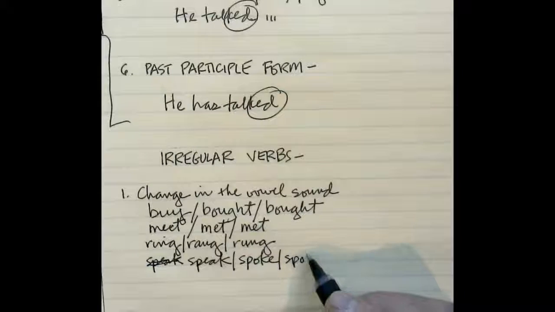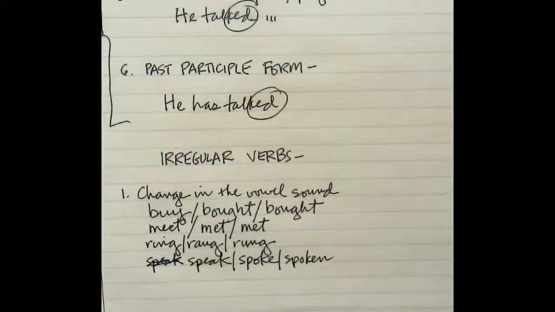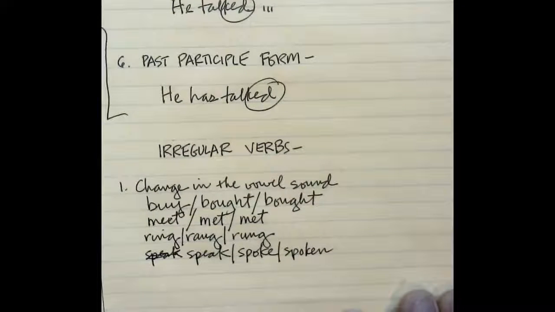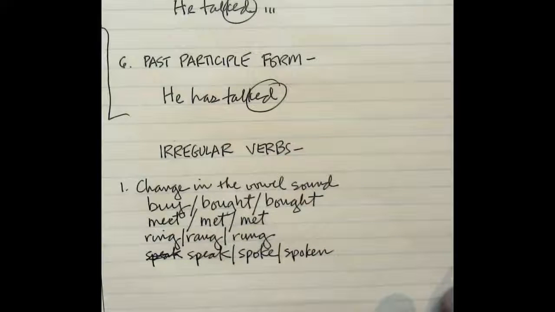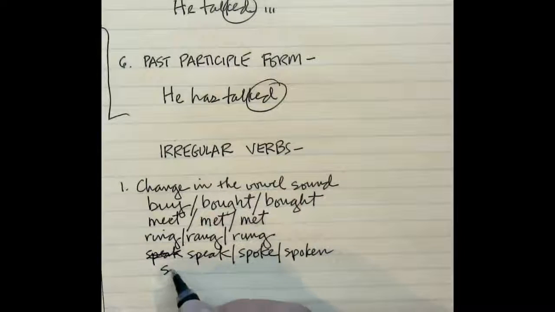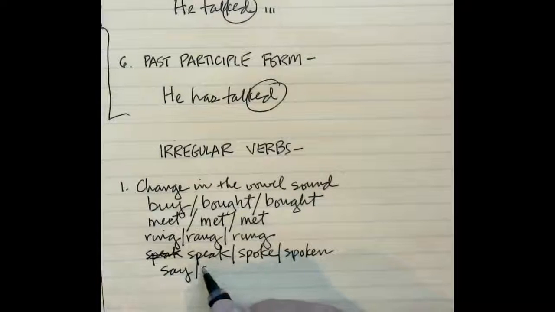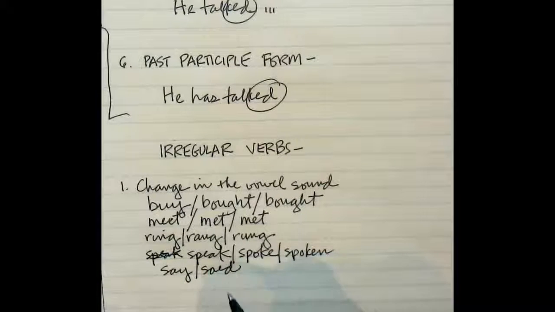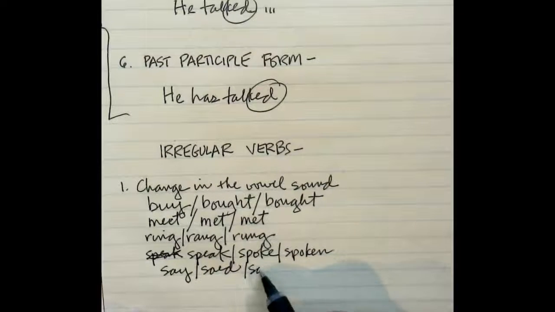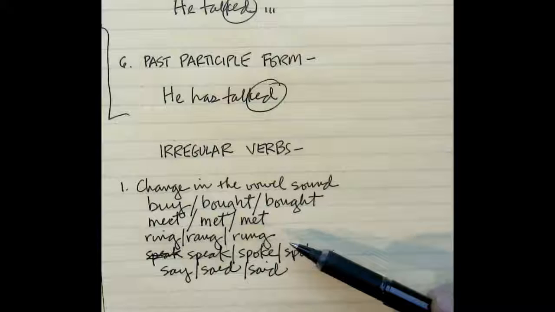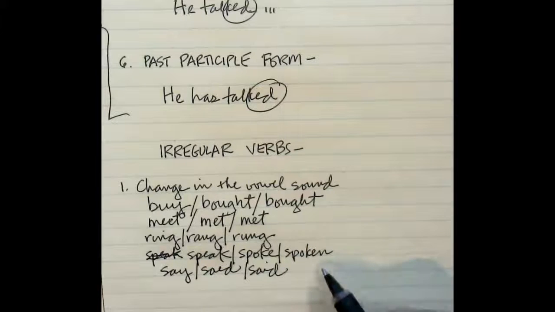We can see there are some different ways to inflect the irregular verbs. And we have say and said, past participle said. So one way that irregular verbs inflect for the past and past participle is by making vowel sound changes. Some of them also add n at the end.